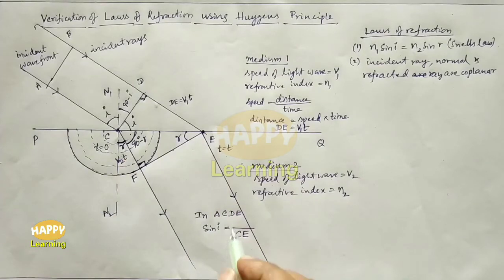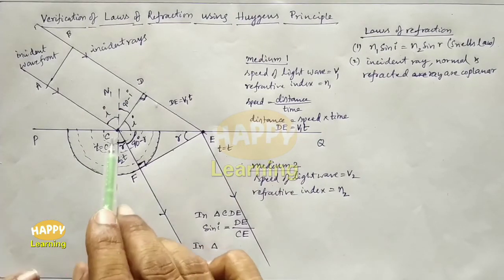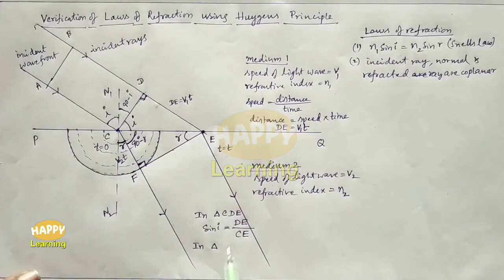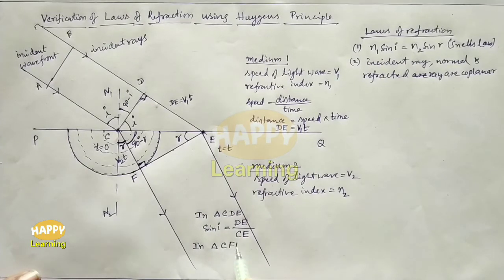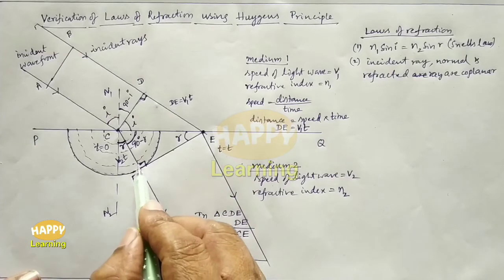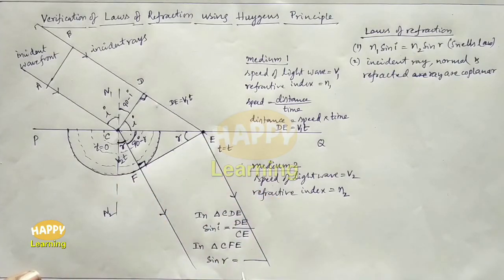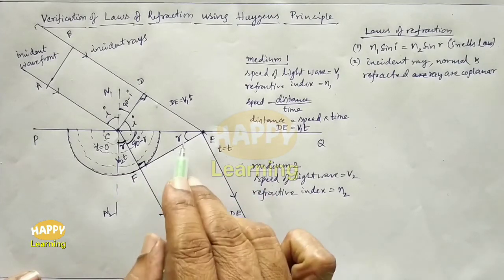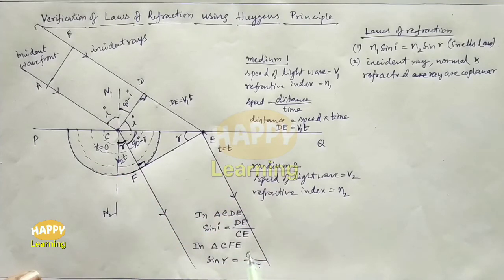Opposite to I is DE, so sin I is DE by CE. Similarly, in the right angle triangle CFE, sin R is equal to opposite side by hypotenuse. Because this is 90 degrees, the hypotenuse is CE. Opposite to R is CF.